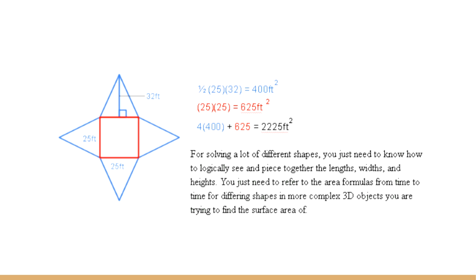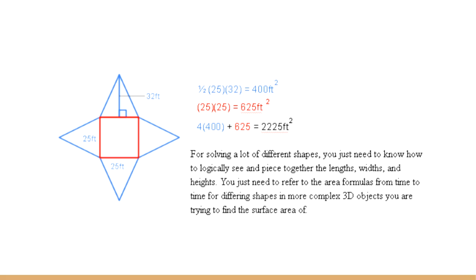I'll show you another bit about it right here. As you can see, I had a little fun with these. So half of 25 would be 12.5 times 32, which would equal 400 feet squared. I'm not sure why I used feet in my example. I could have used a much more reasonable measurement, because that's a really big pyramid.